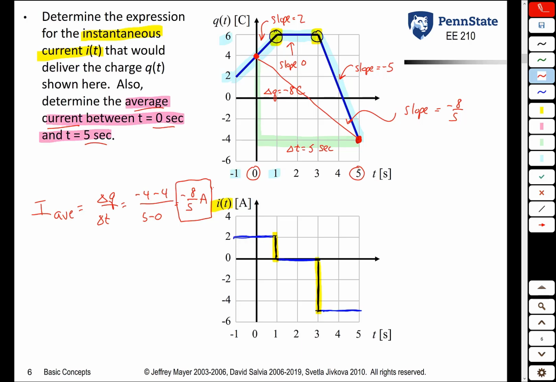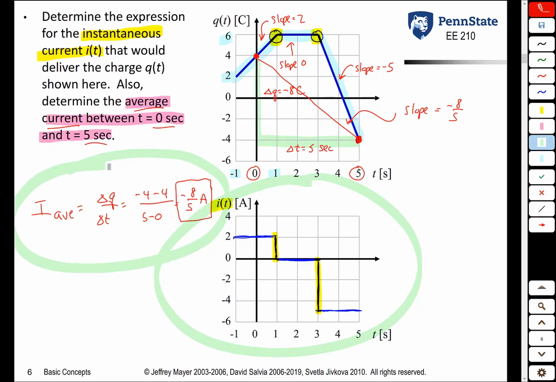So this example illustrates the difference between instantaneous current, which is a derivative, and average current, which is just the slope of a line segment.